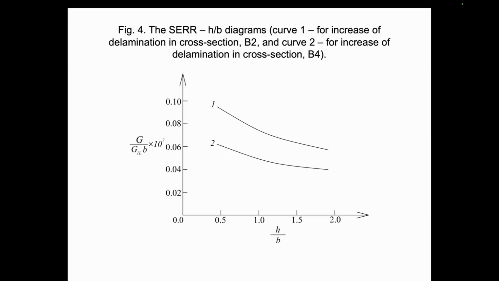This is explained by the rise of the values of the shear moduli of the inhomogeneous layers from the left end towards the right end of the beam.